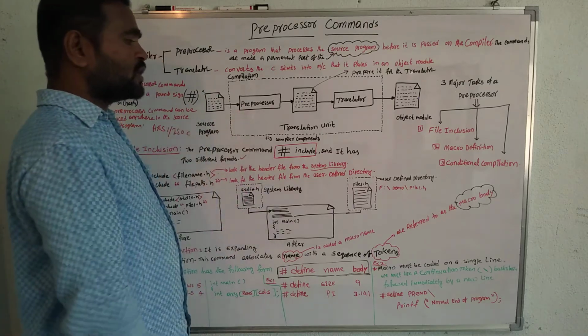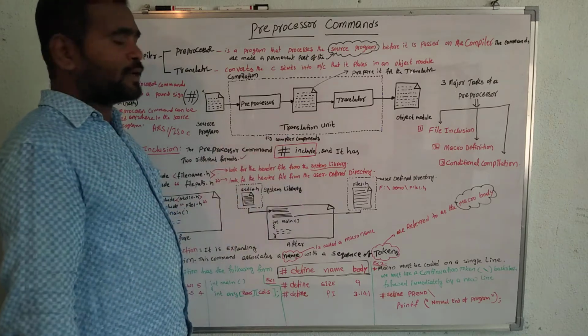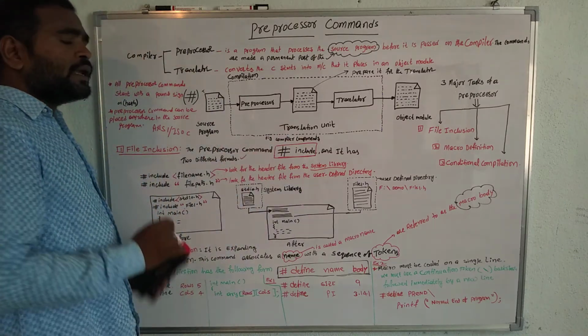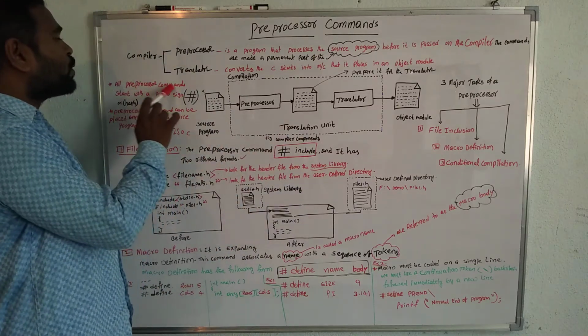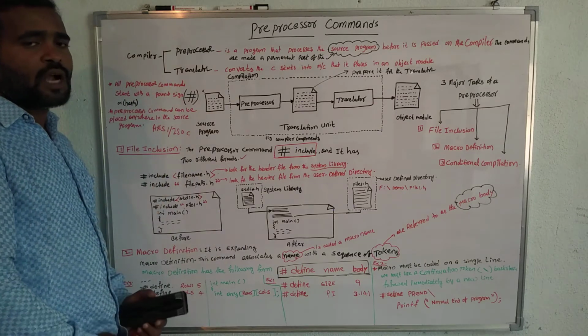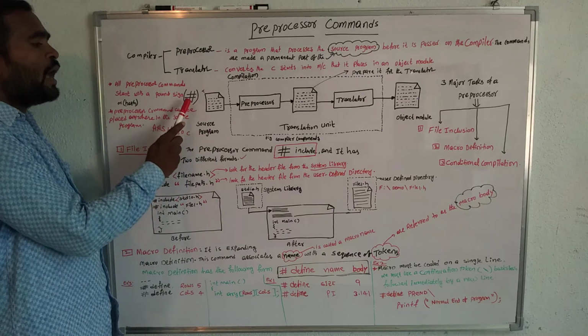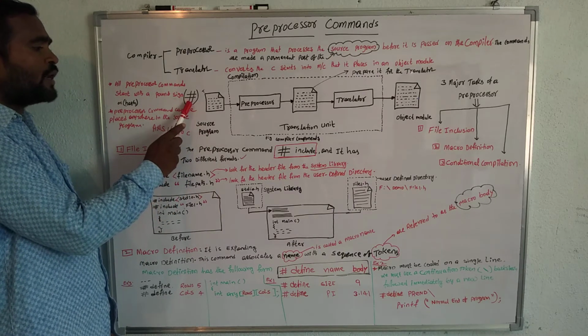This is the procedure, and these are all the components of the compiler. Now, all preprocessor commands start with a pound sign or hash symbol. This is called a hash symbol or pound sign.